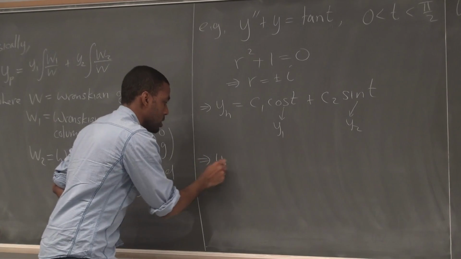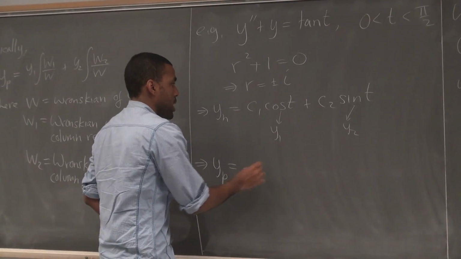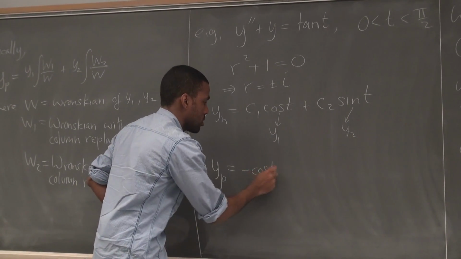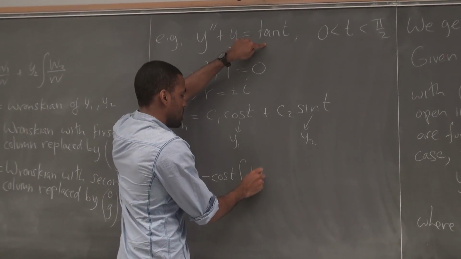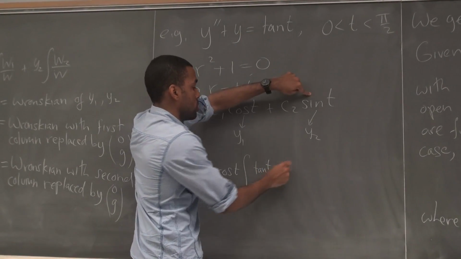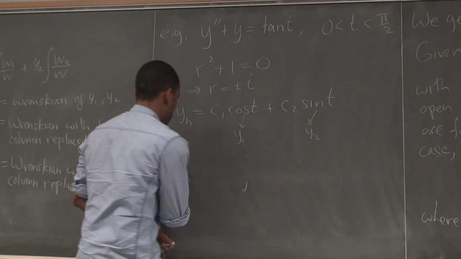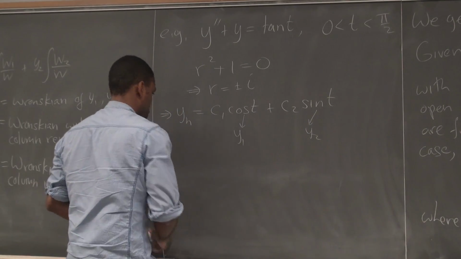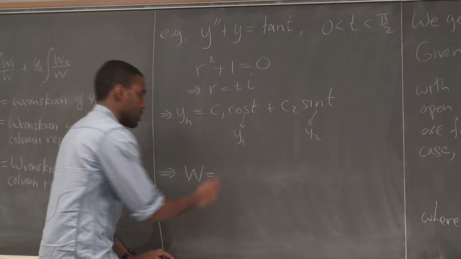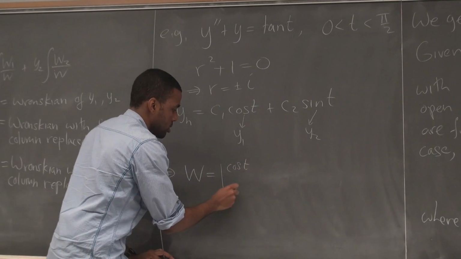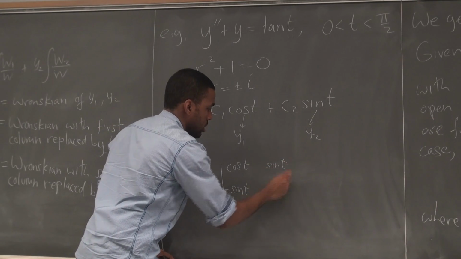Which means my particular solution would look like minus y1 times the integral of g times y2. Well, we have to find one. The next thing we have to do is find the Wronskian, because we're going to need it in the formula. The Wronskian is cosine, derivative of that is minus sine, this one is sine, derivative of that is cosine.